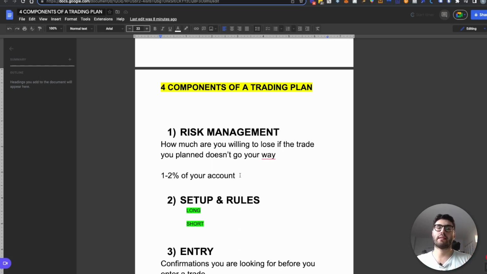So you need to understand this, because if you are implementing an effective risk management strategy, you can stay in the game long term, and nothing sucks more than seeing opportunities in front of your eyes and not being able to take advantage of them because you don't have cash set aside.